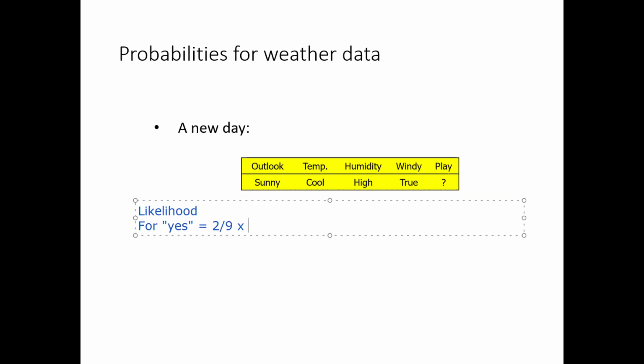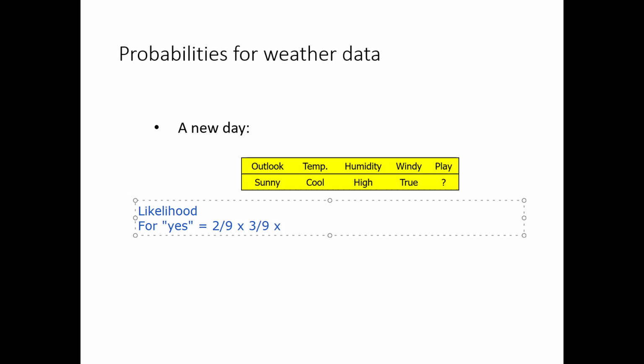What is the probability, given class value yes, for temperature cool? If you look at this, with the temperature cool, it is 3 out of 9. So we will type 3 out of 9 multiplied by humidity high.